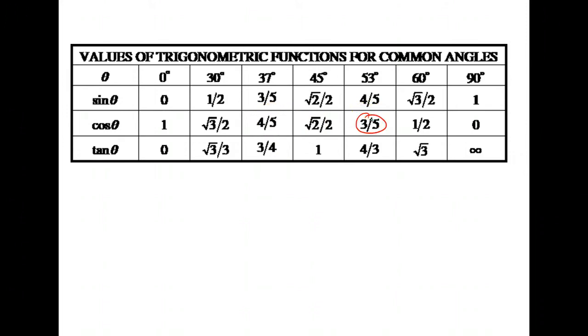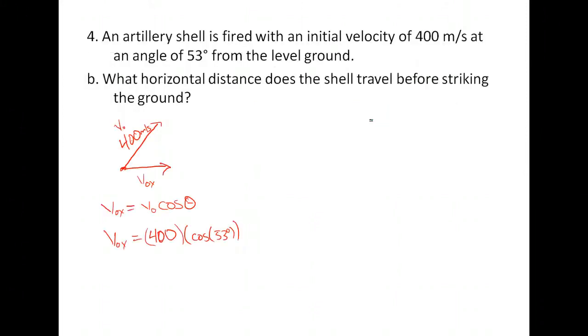Okay. So 400 times 3/5. All right. So 400 times 3 would be 1200, and 1200 divided by 5 gives us 240 meters per second horizontally.